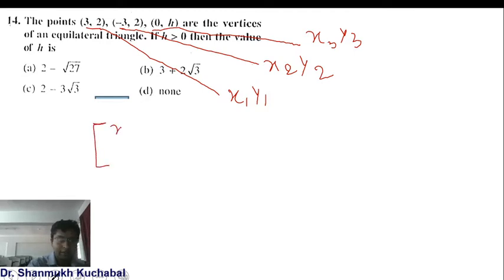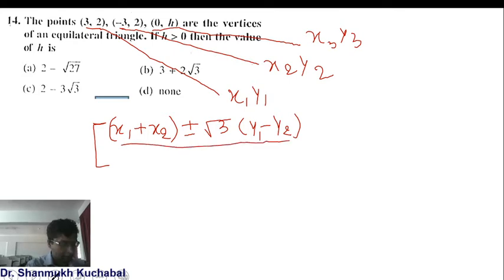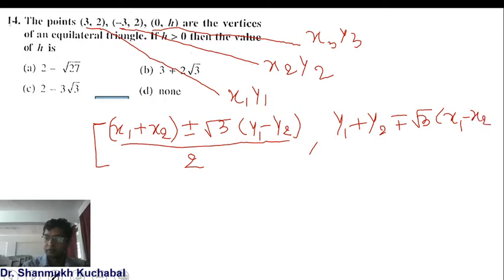The formula is (x1 plus x2) plus or minus root 3 times (y1 minus y2), whole divided by 2. Next, (y1 plus y2) minus or plus root 3 times (x1 minus x2), whole divided by 2.